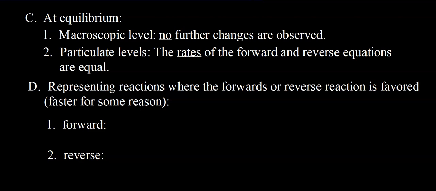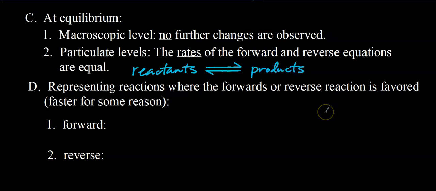Let's write a generic equation showing that the rates of the forward and reverse reactions are equal. So start off with the reactants. Always go on the left side. And then we use this two-way arrow, if you recall. And we have the products on the right side.